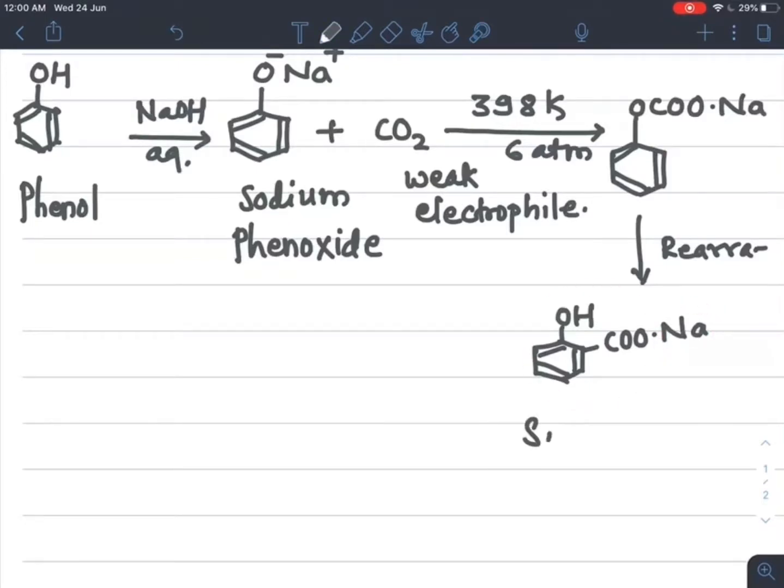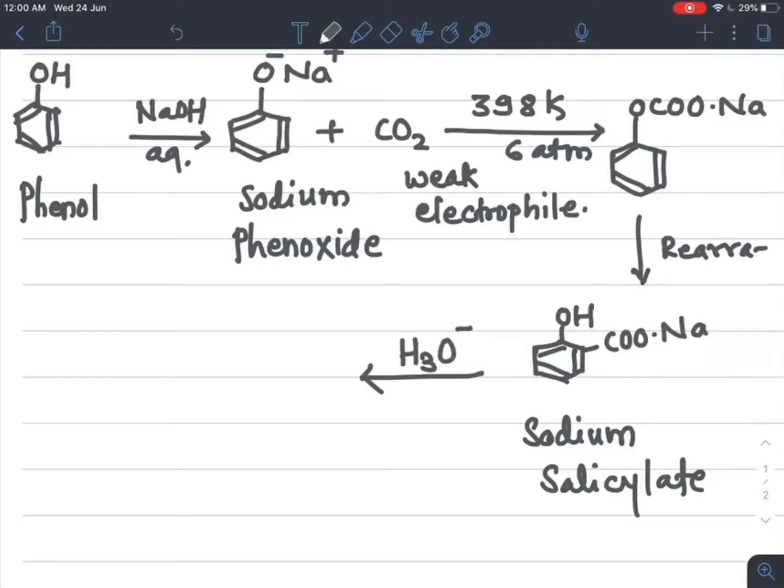Sodium salicylate is the intermediate formed during the Kolbe reaction, and finally it undergoes acid hydrolysis with H3O plus. Na is replaced by the H plus supplied by this acid, and NaCl is removed as a byproduct.